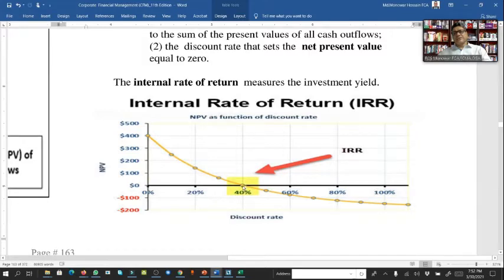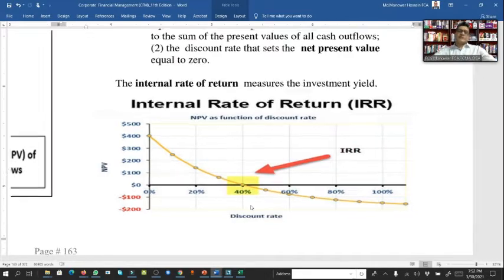That means at this point our total cash inflow and total cash outflow would net to 0, and that rate, for example here, is 40%. So if our required rate of return is 30% and the IRR is 40%, we should accept this project. But if it is 40% and our expected rate of return is 50%, then we will not take the project.